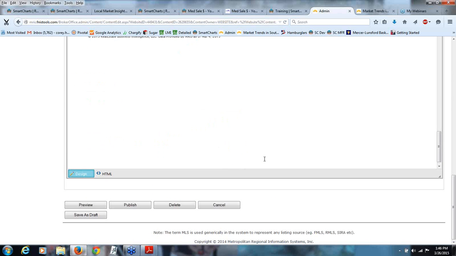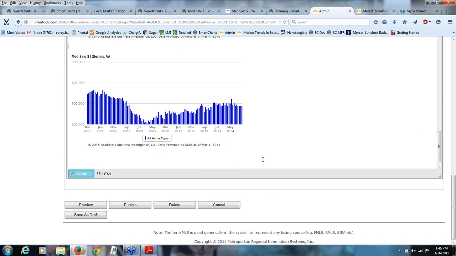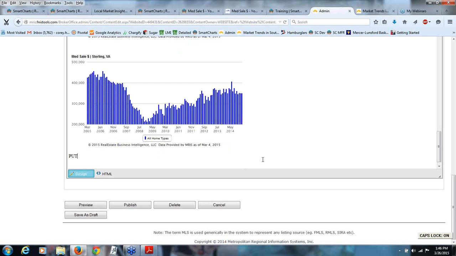demos. So the WYSIWYG view, what you see is what you get. I'm going to just leave myself a note saying put chart here, if I'm not comfortable with HTML, so I want to understand where I am. The design view, sometimes it'll be called WYSIWYG. There's also the HTML or source view.